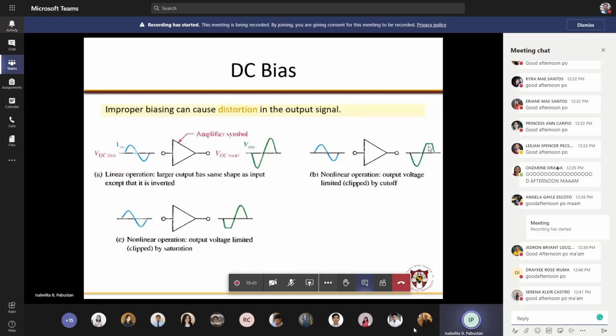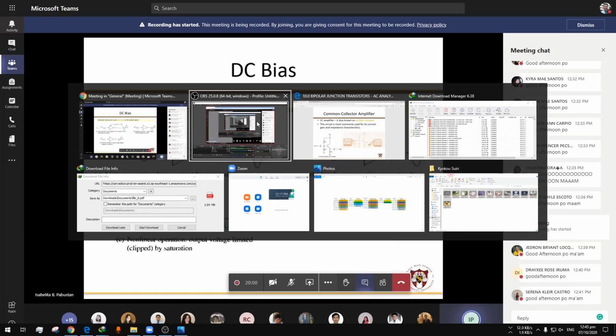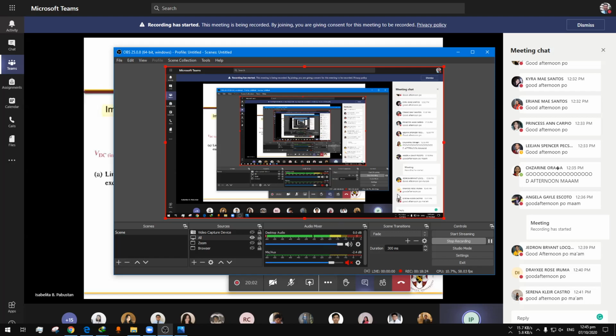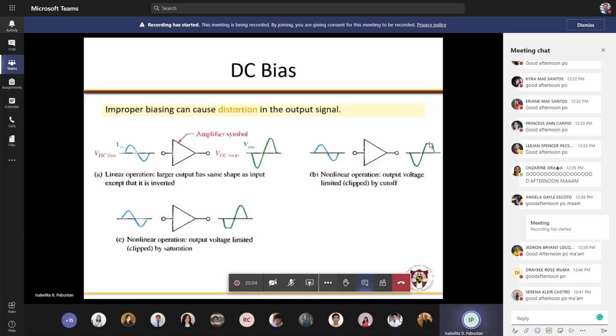Kung mapapansin mo on the positive, dito sa taas, on the positive peak, it is limited or clipped by cut off. Pagka naman dito sa ibaba, this is also nonlinear operation. The output voltage is limited by saturation.